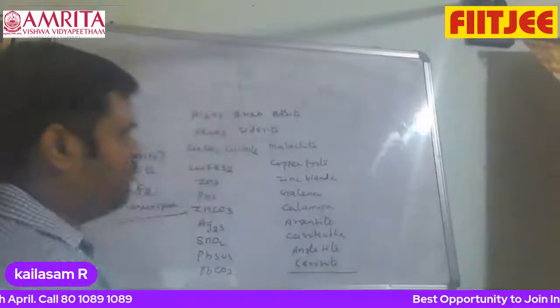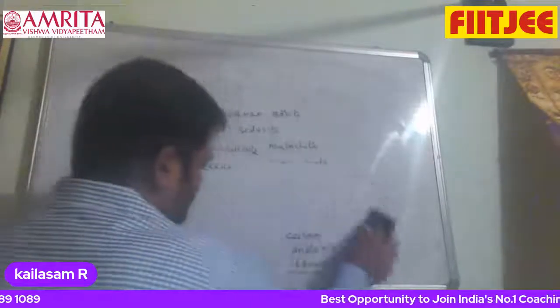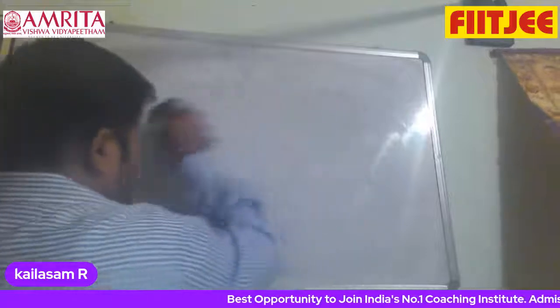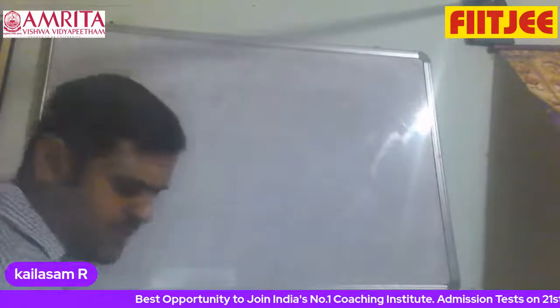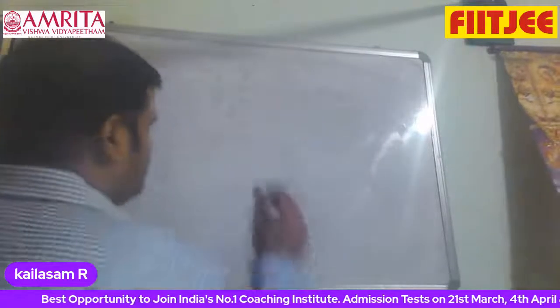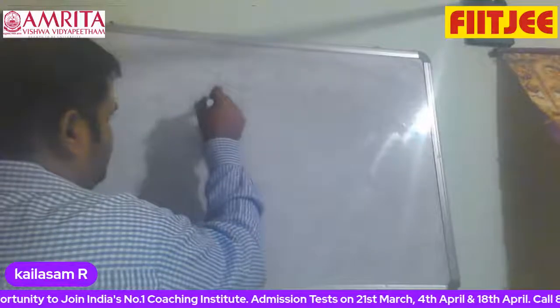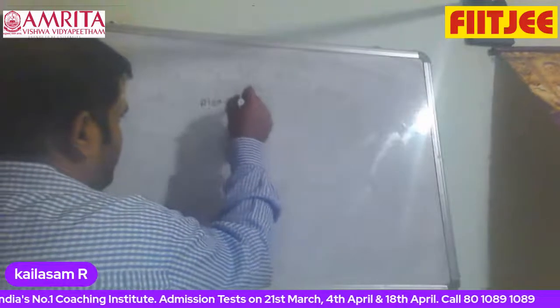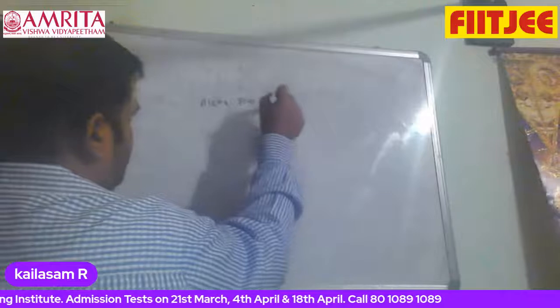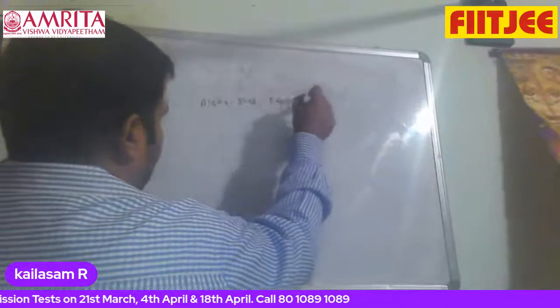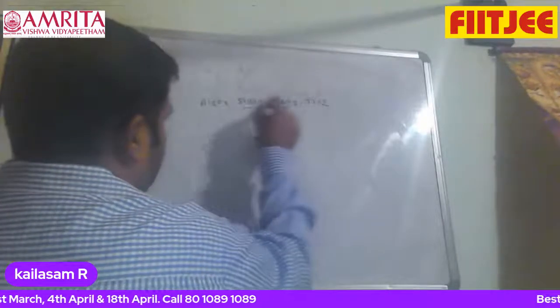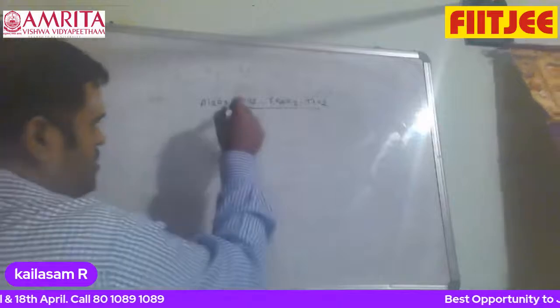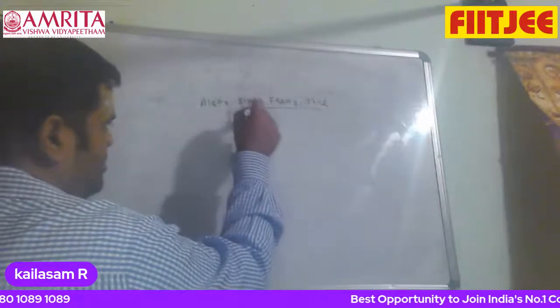In the leaching process, I'm going with bauxite. Here I'm taking Al2O3 with SiO2, Fe2O3 and TiO2. These impurities are called gangue. Now I'm going to add NaOH.